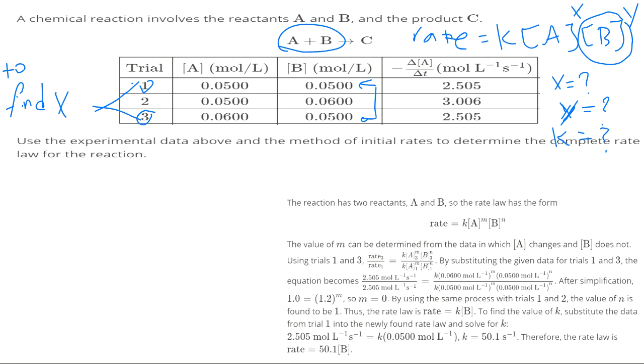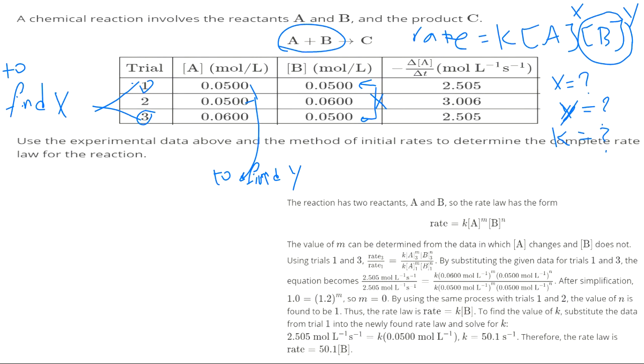So this is to find X. To find Y, we have to use 1 and 2, because A is constant and B is changing.